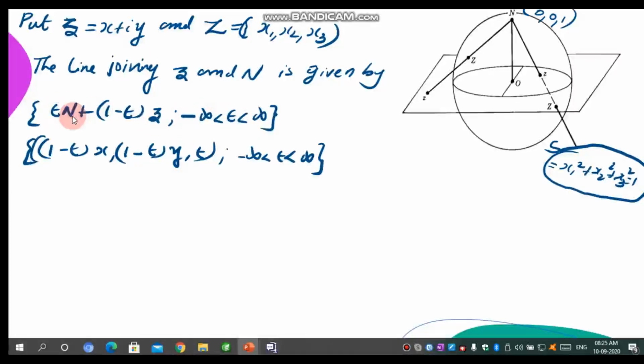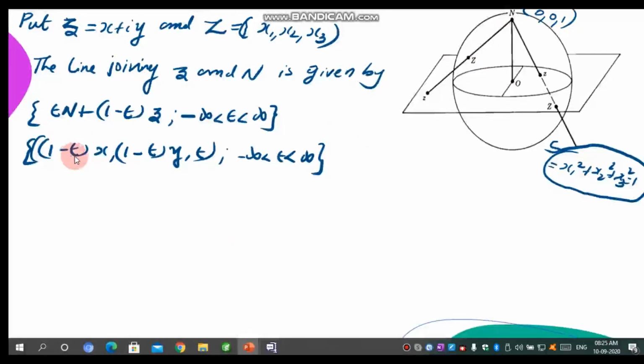But what is capital N? Capital N is the pole (0, 0, 1). So we can substitute that, and small z is the point (x, y). When you substitute here, you will get the equation of the line as the points (1 minus t) into x, (1 minus t) into y, t.